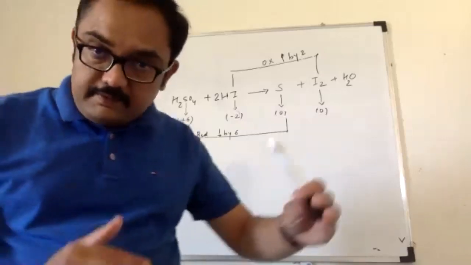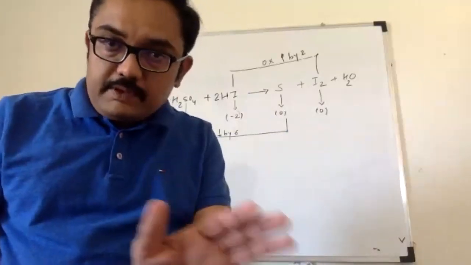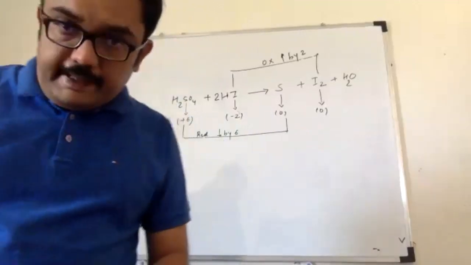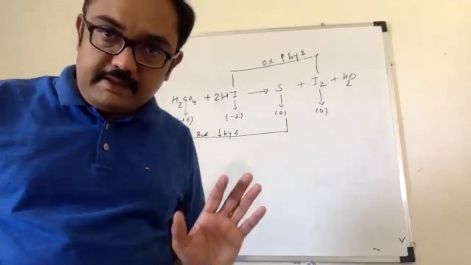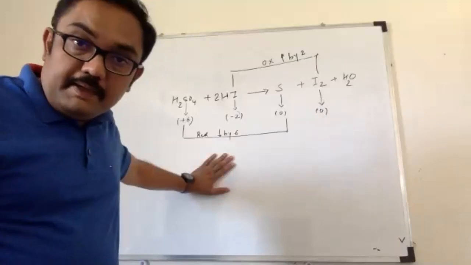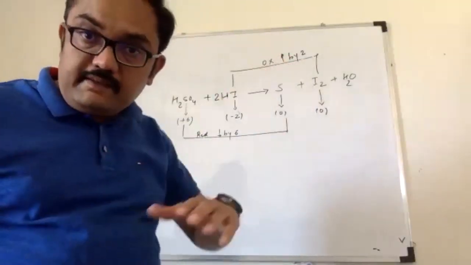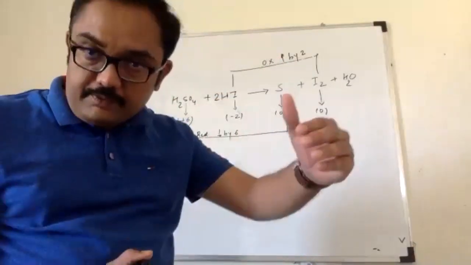Now this difference we have to make equal. Increase we have to make equal to decrease. Remember, understood? For that, whichever half you need, you multiply that half. Is this clear? So decreases by 6, increases by 2. So if I multiply the oxidation half by 3, then increase and decrease will become equal.